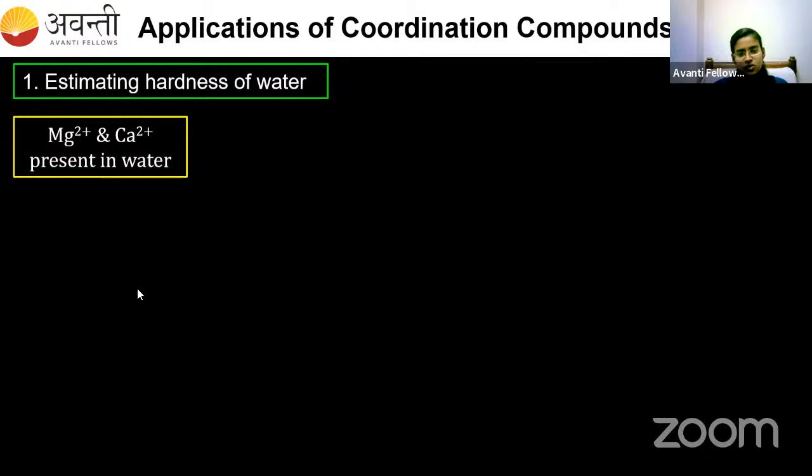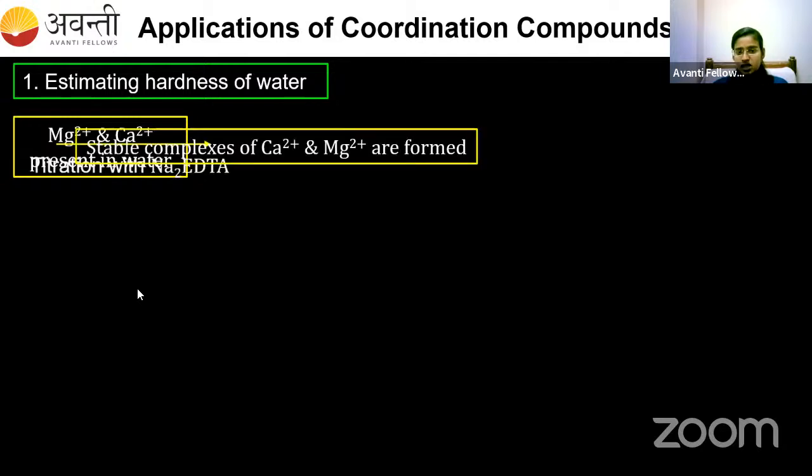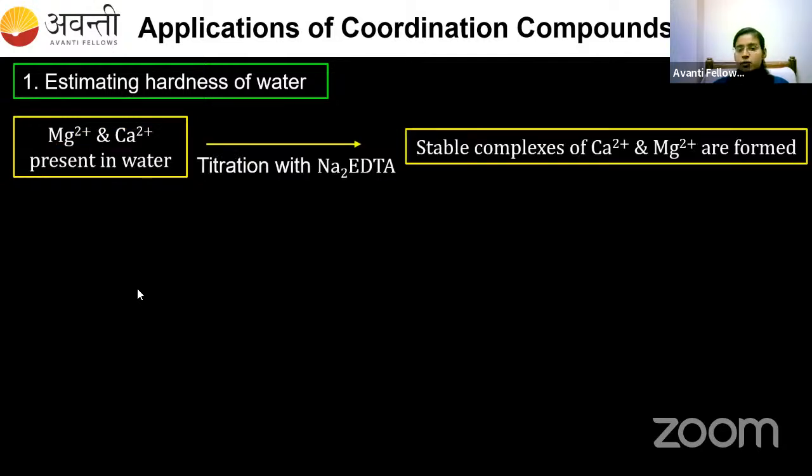So the hard water has to be turned to soft water. For that, I need to remove the magnesium 2+ and calcium 2+ ions. I have to titrate this with sodium ethylenediaminetetraacetate, sodium EDTA complex. By titrating with this, stable complexes of calcium and magnesium are formed.